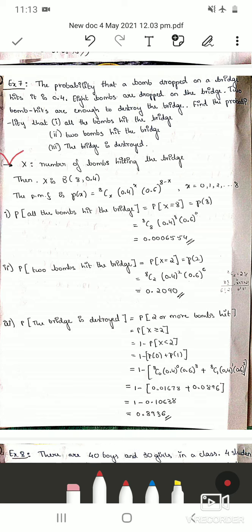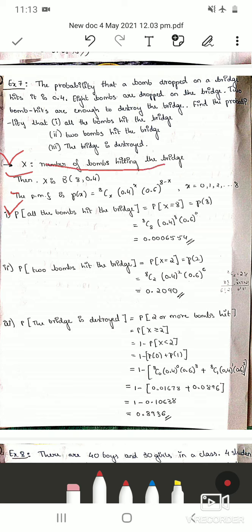First let us denote x as the number of bombs hitting the bridge. Therefore x is binomial with parameters 8 and 0.4. We know how to write the PMF, and then let us calculate each sub-question. First we want the probability that all bombs hit the bridge, that is, out of x all are going to hit the bridge.